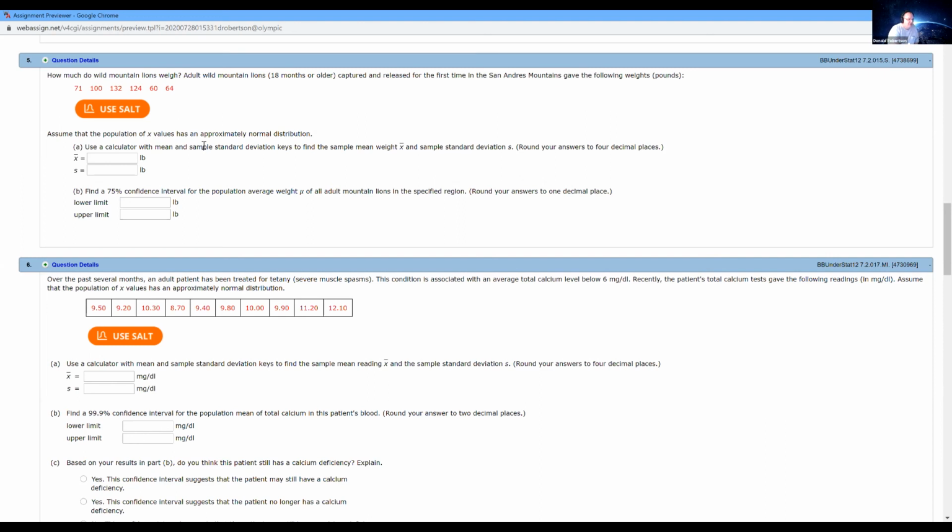And let's just pretend that a normal, healthy male mountain lion is 120 pounds. If they go to wherever it is and they get 5 or 6 mountain lions and they get the same kind of numbers, isn't that probably a good sign the mountain lions are doing fine? But let's suppose that they get 5 or so of these mountain lions and they're coming in not at the 120 mark, but at the 105 kind of mark, right?